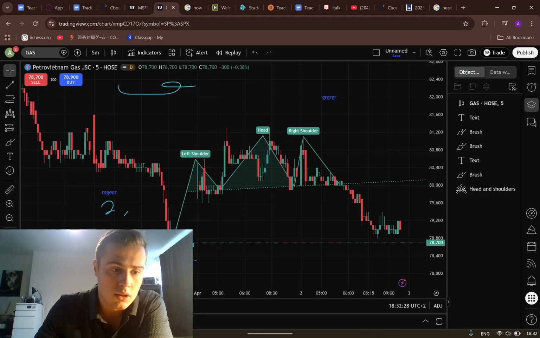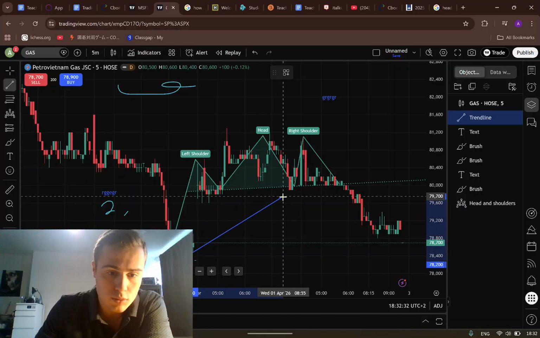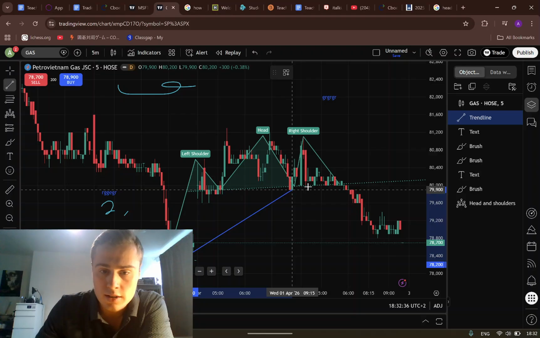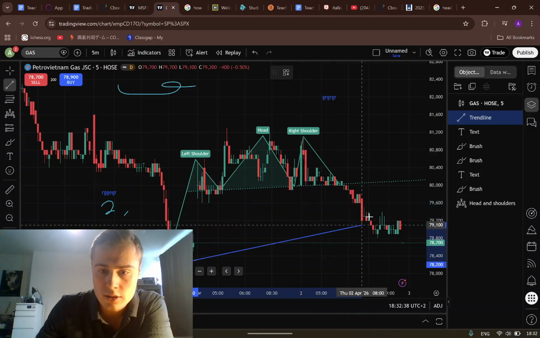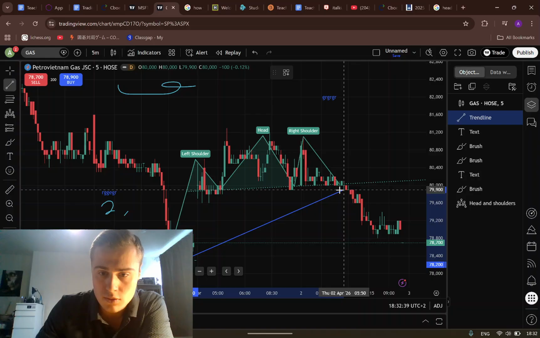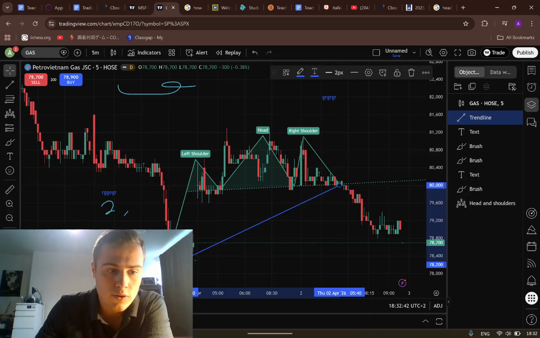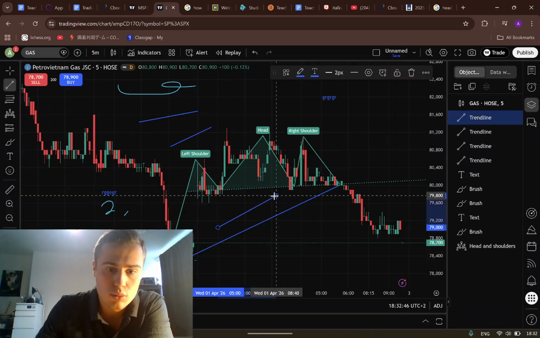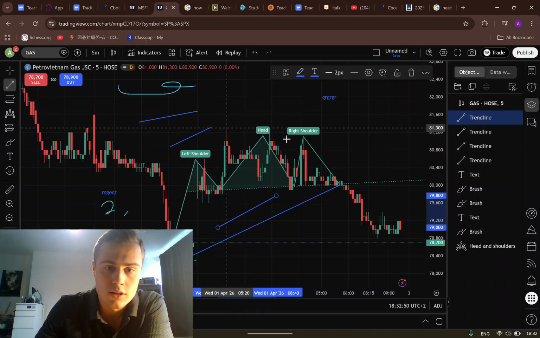Then we have the magnet, which allows us to draw lines easier. They stick to the candlesticks, and because of that, it's just easier to make those lines. Keep drawing mode just allows us to continuously draw, so I don't need to press the trend lines all over again.